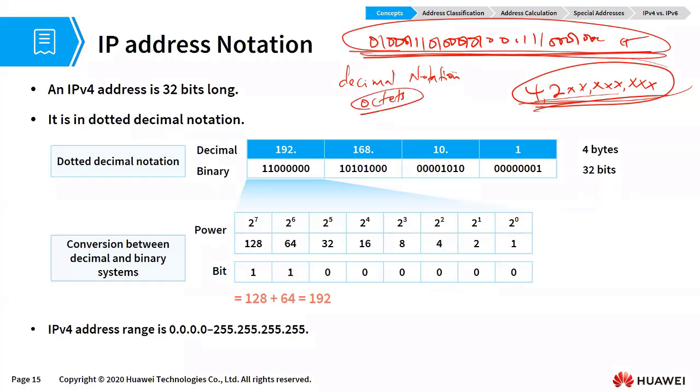Instead of 32 bits written once, we want to write them in groups of 8, something like 11000000. Those are 8, 1110101000. Those are 8, 11001010. Those are 8, 11000001. Those are 8, giving us a total of 32 still.